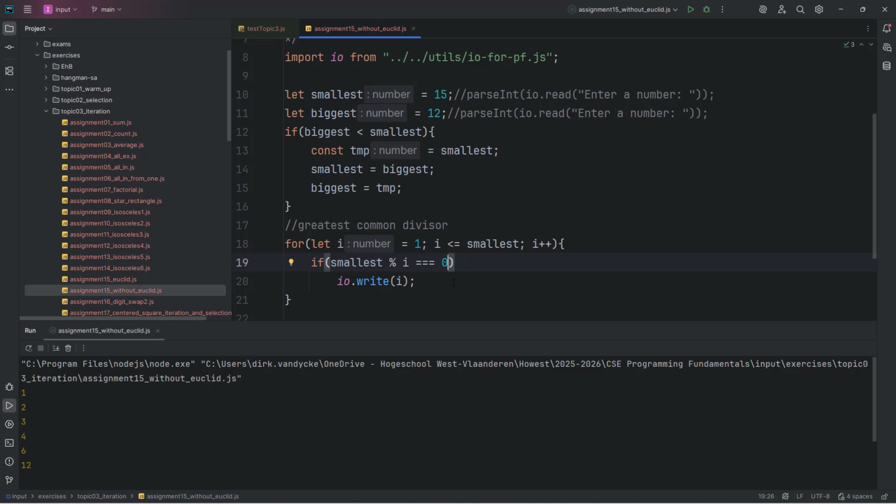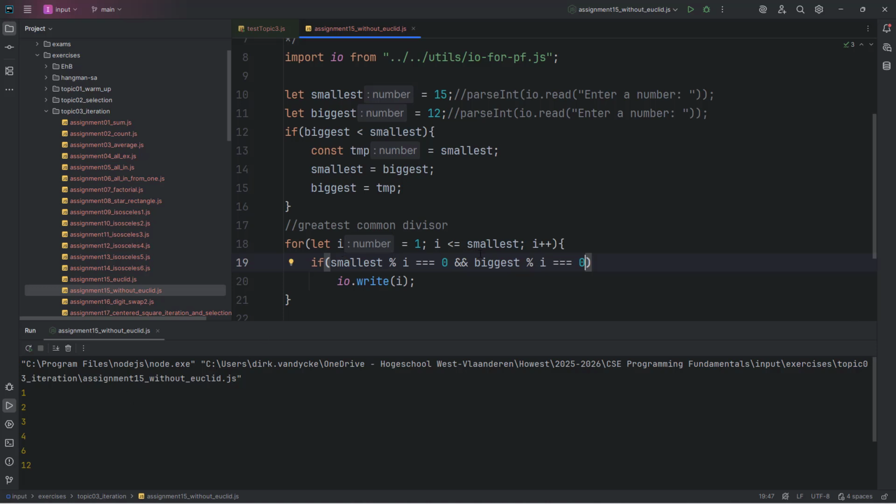So let's just check if biggest has this as a divisor as well. Because then I have a common divisor. So let's see if this gives me only the common divisors.